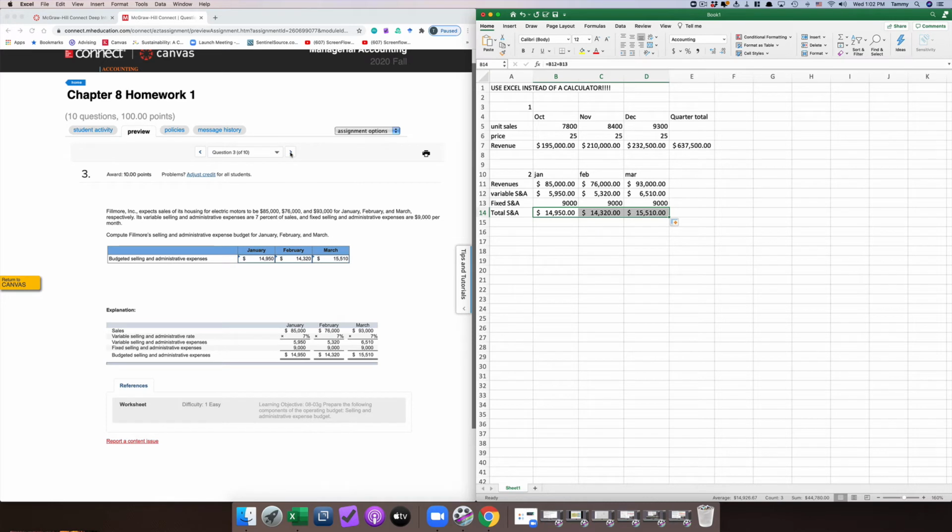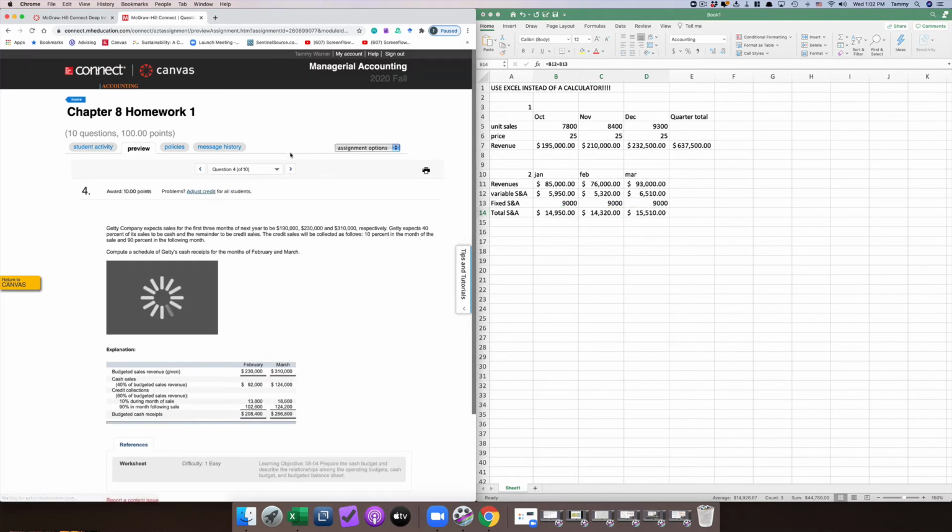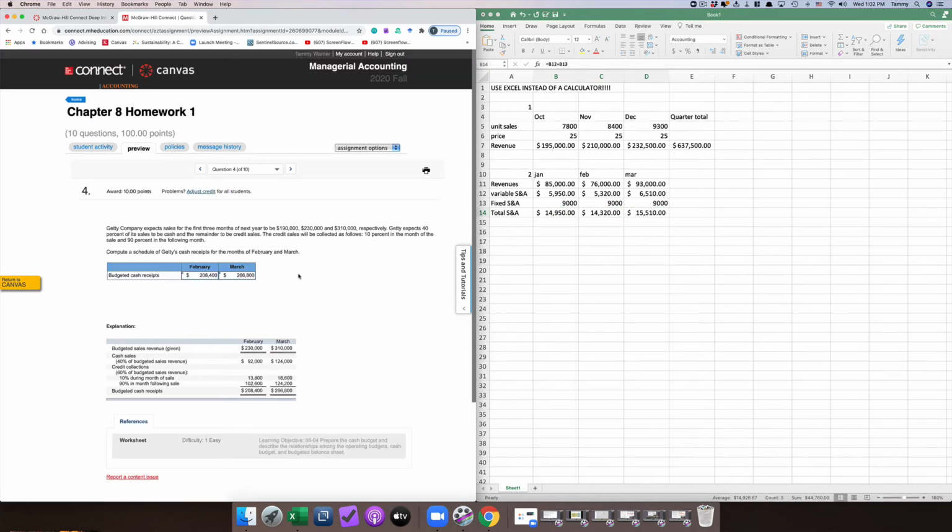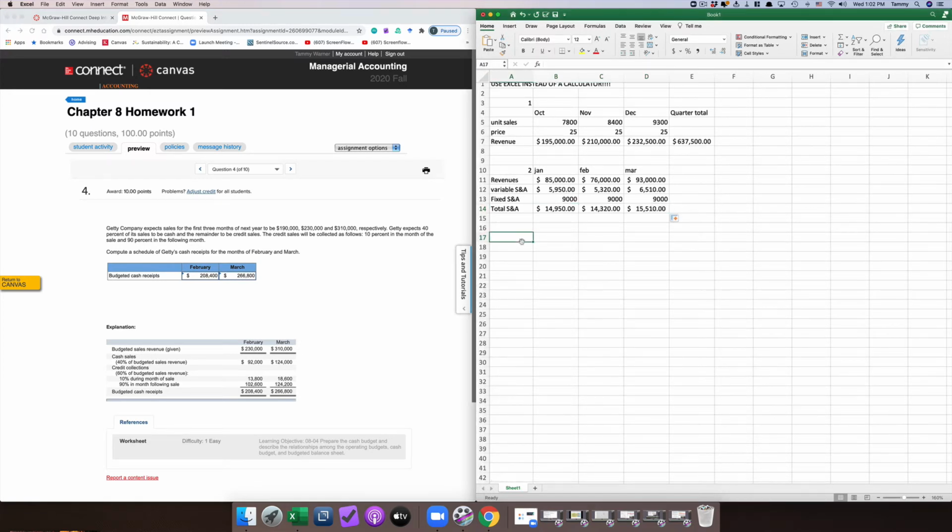Next one. Getty expects sales for the first 3 months of next year to be 190,000 and 230 and 310. Okay, make those dollar signs.